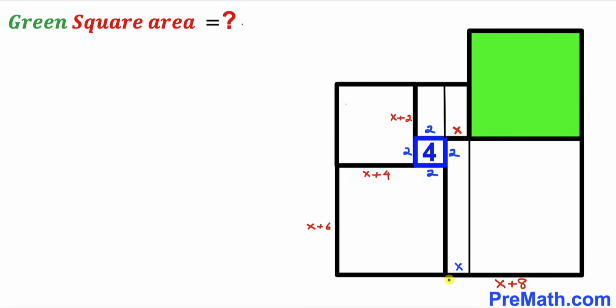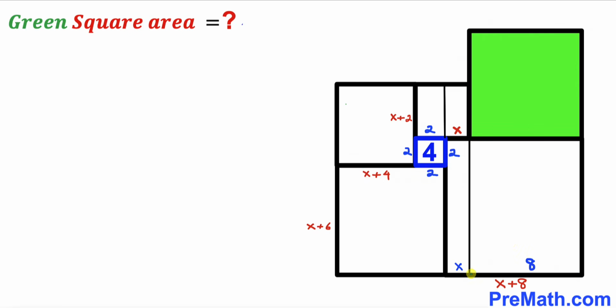Now we know that this whole side length is x plus 8, and this tiny segment length is x. So this remaining length is x plus 8 minus x, which gives us simply 8.